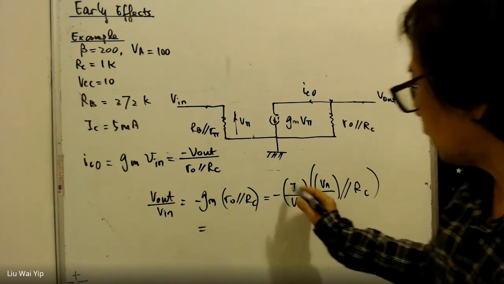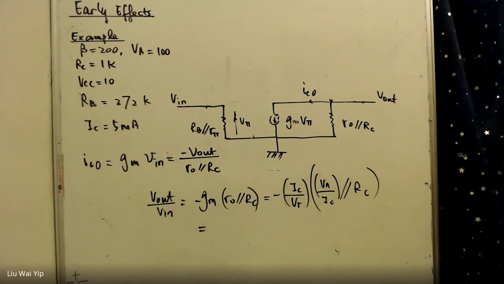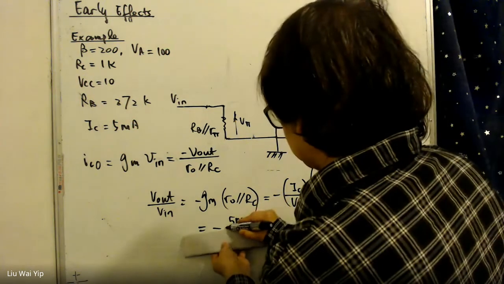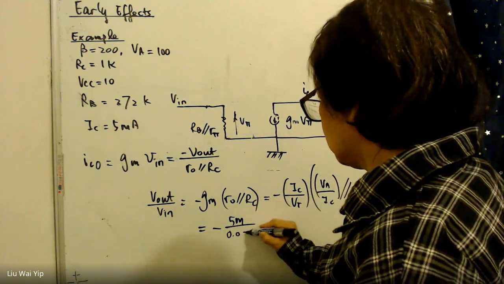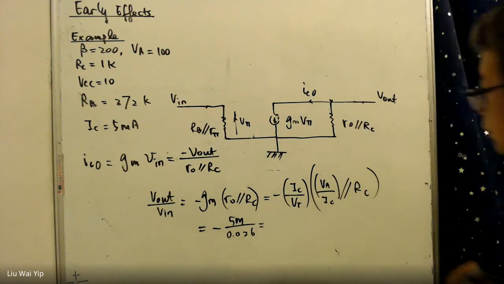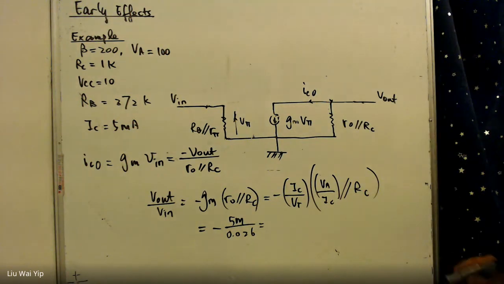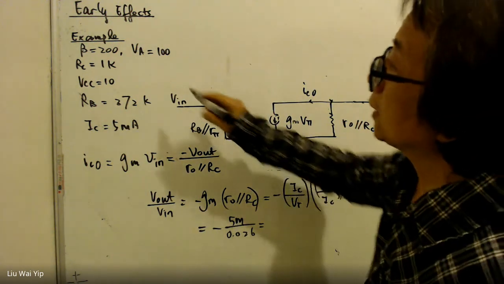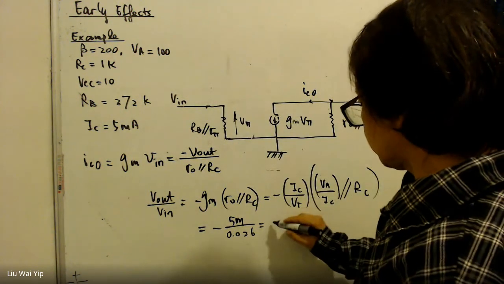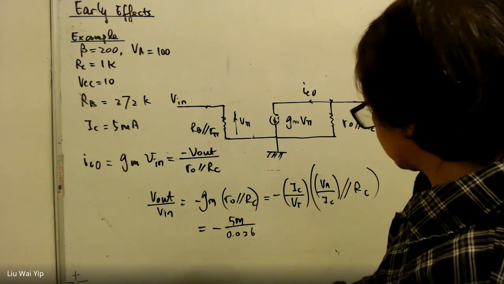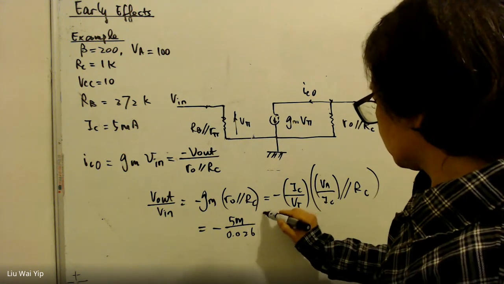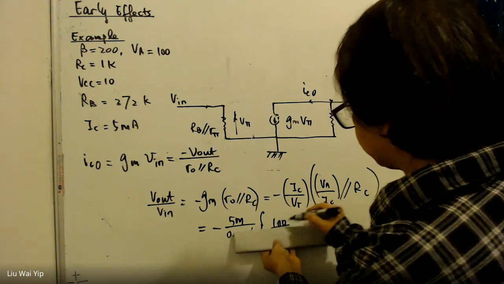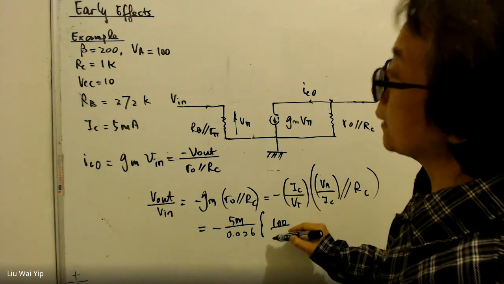If we substitute all the values here, we have 5 milli divided by 0.026, and this value VA is, according to here, 100, divided by IC.